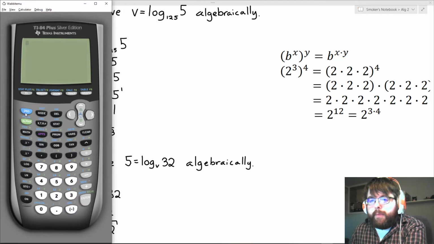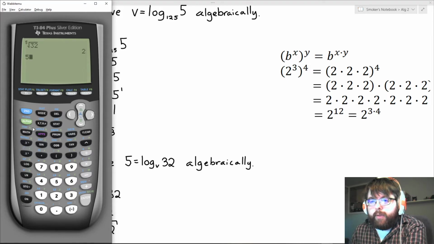But in order to use that button, you need to put the 5 in first. Because it's a fifth root, I'm putting 5 in. And then I'm going to math, and going down to this option. You can see how it superscripts the 5, and you get 2 as an answer.